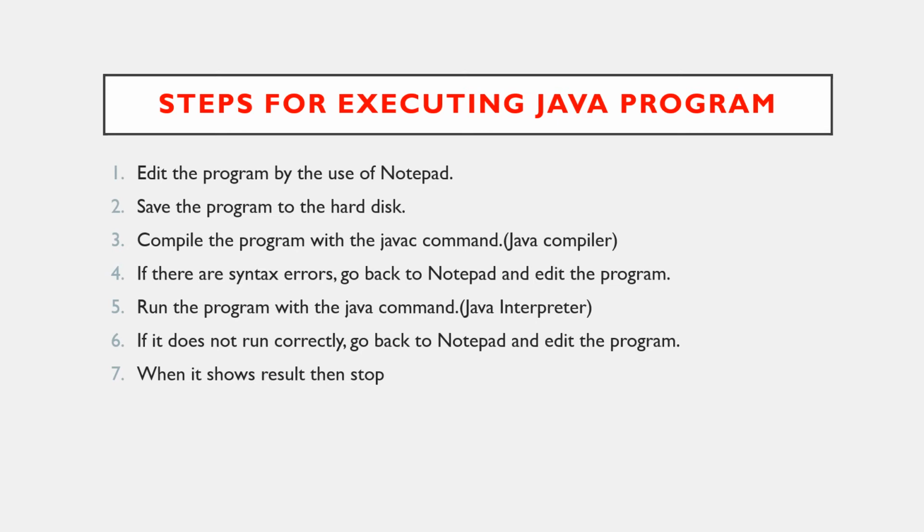Then step 5, run the program with the java command, that means the Java interpreter. If it does not run correctly, go back to Notepad and edit the program. At last, when it shows the result, stop the program. These are the steps for executing a Java program.